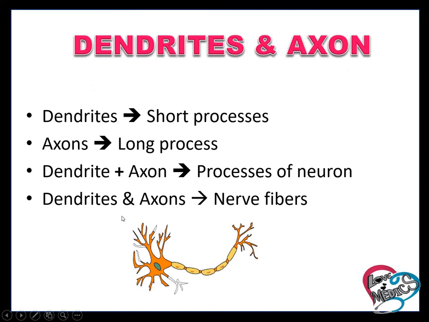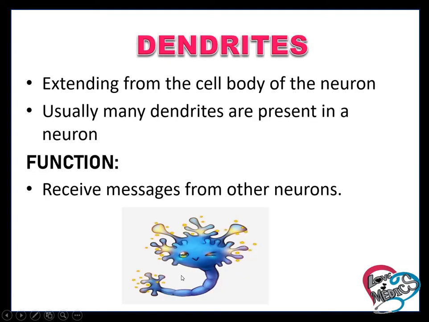Dendrites and axons. Dendrites are the short process and axons are the long process. These dendrites and axons are called processes of the neurons, and are also called nerve fibers. Dendrites are extensions from the cell body, and usually many dendrites are present in the neuron.